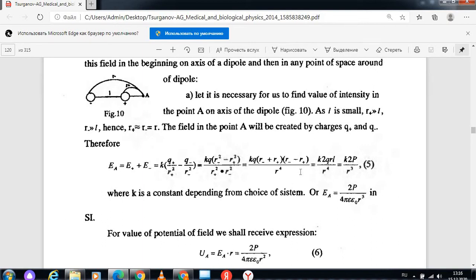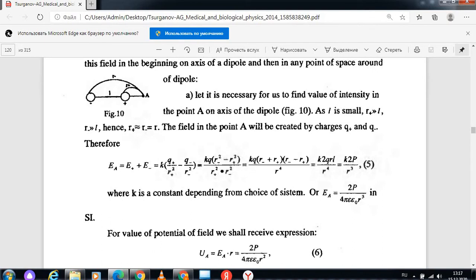And don't forget that when we have the same denominator, we multiply the numerators of the two ratios. That's why we have r to the power of 4 in the denominator, and we have this special type of the two brackets in the numerator.